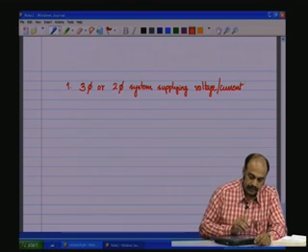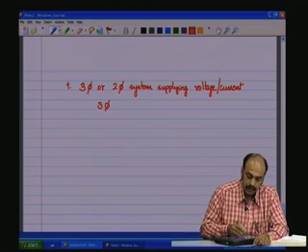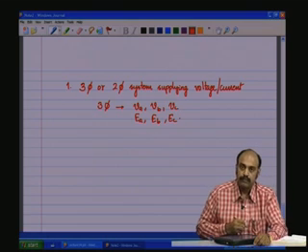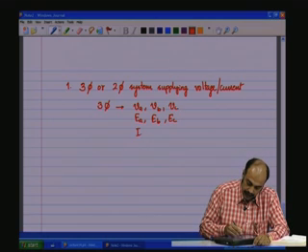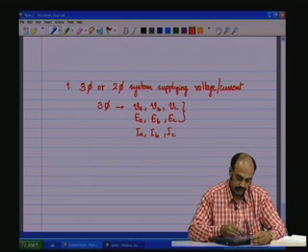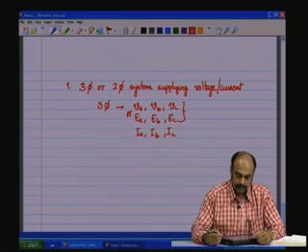Now, let us take for example for now just a 3-phase system. In the case of a 3-phase system, we have VA, VB, VC, or we will say EA, EB, EC, and then you have IA, IB and IC. These are the 3 line voltages and the line currents.